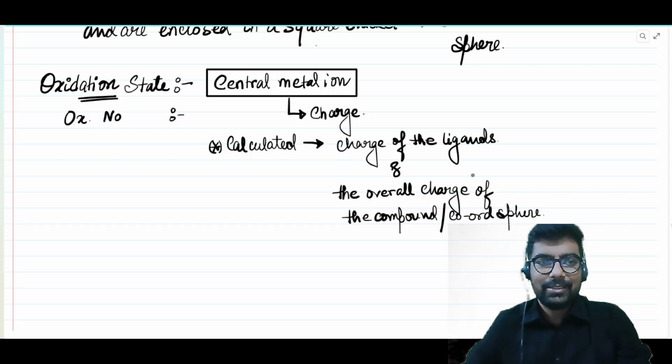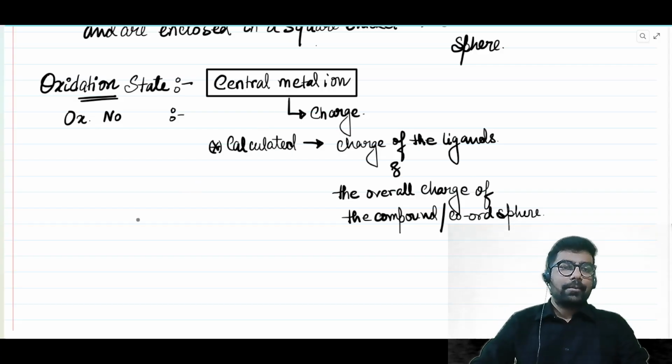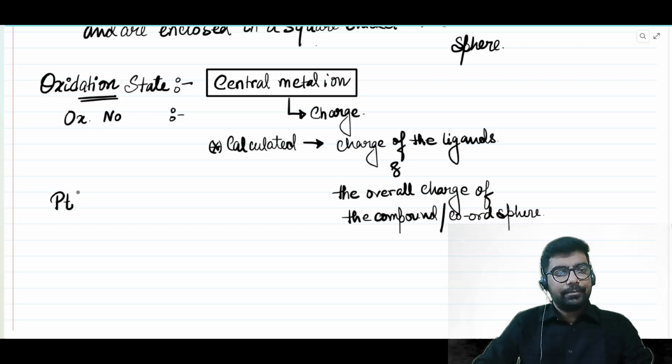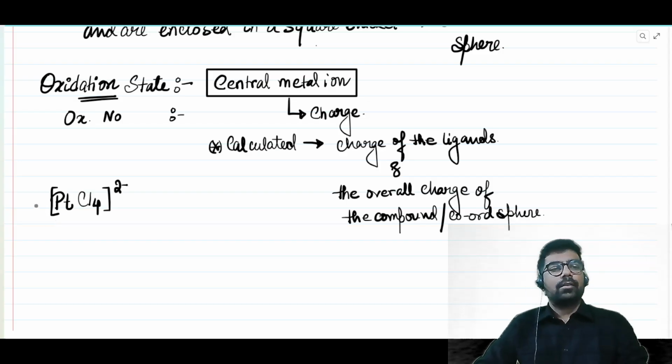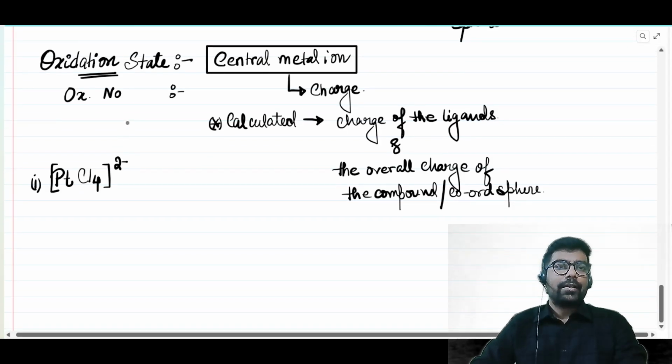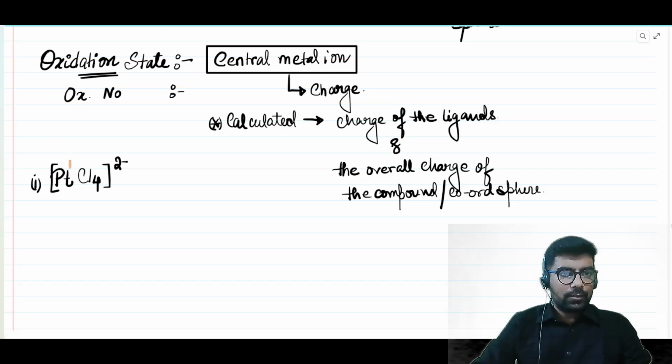For example, let's see with an example. We have a compound like this, [PtCl4]2-. Now we have to find the charge of platinum, which will be the oxidation state.